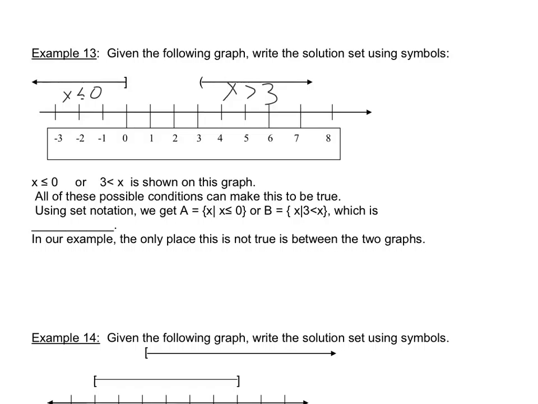It says all of these possible conditions can make this true using set notation. This is how you would do the set notation. Okay. And this is A union B. So in our example, the only place that's not true is between 0 and equal to 3.